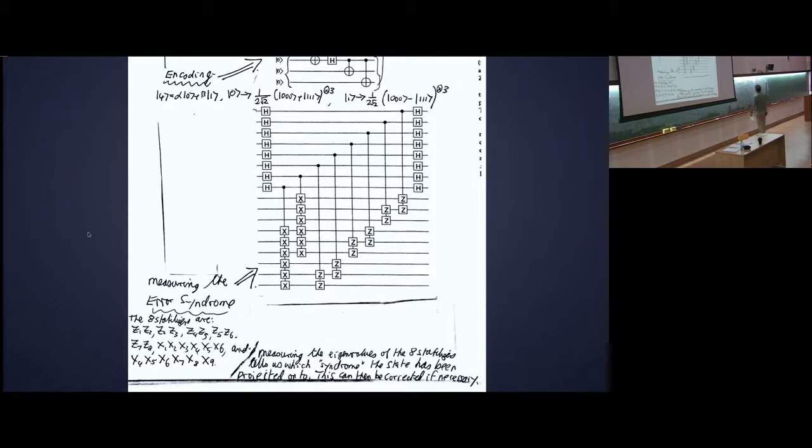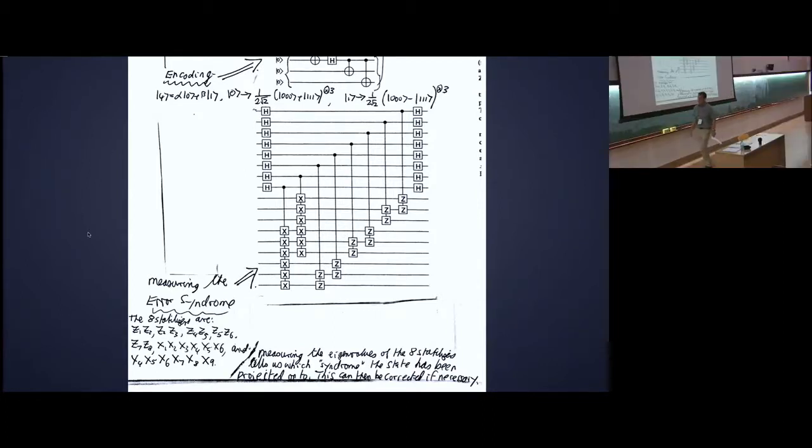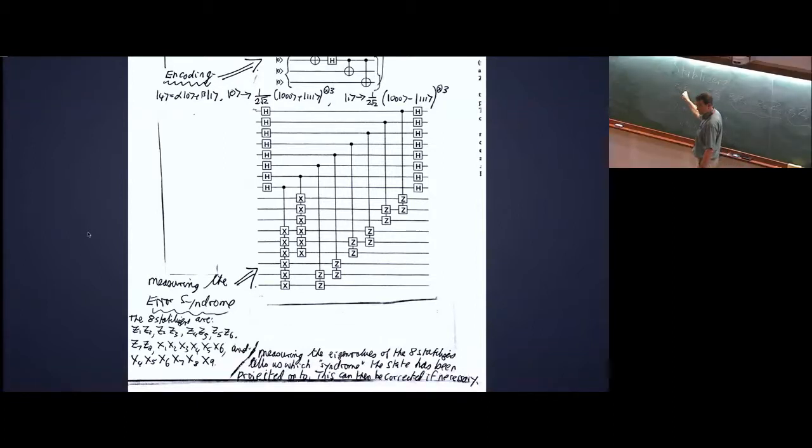Supposing we have a bit flip error, X1. So this anti-commutes with Z1, Z2, so the eigenvalue of this one will be -1. These will all be +1.